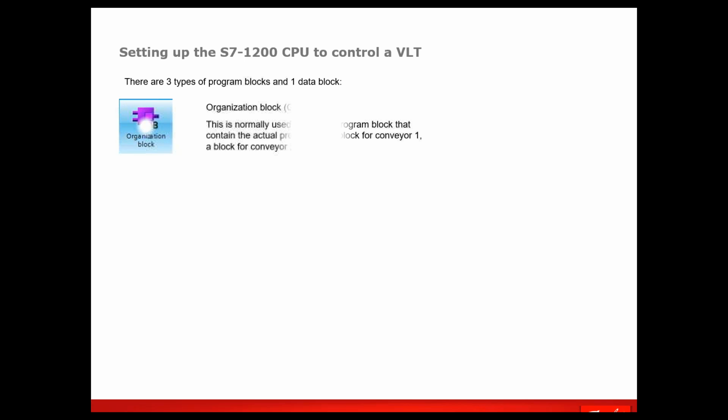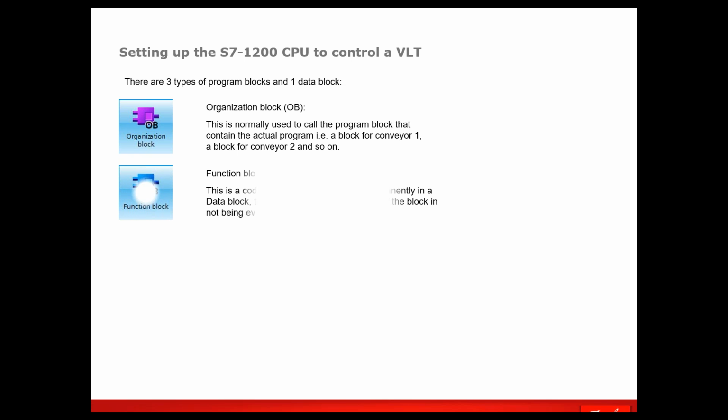In here are 3 different kinds of blocks that we can select. We have an organization block. It's normally used as the programming block that contains the actual programming, like conveyor 1, 2, and so on. A function block is a code block that stores its data permanently in the data block to make the data available, even when the block is not being evaluated.